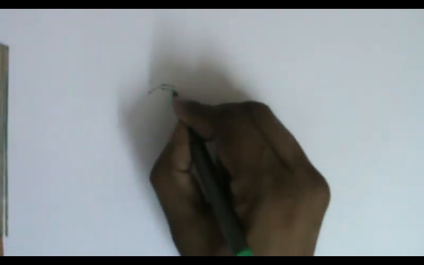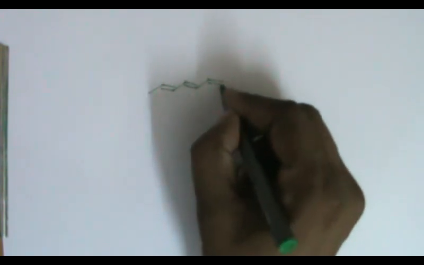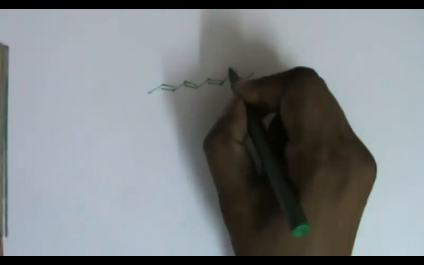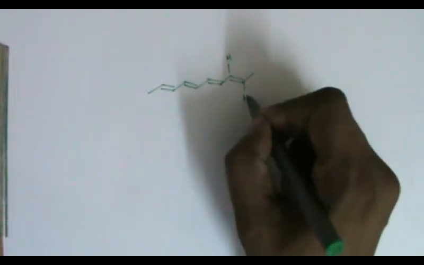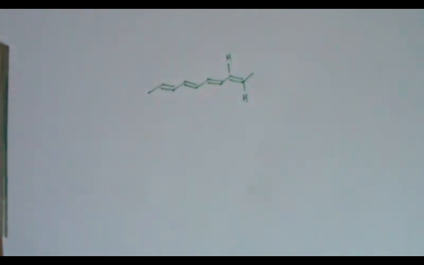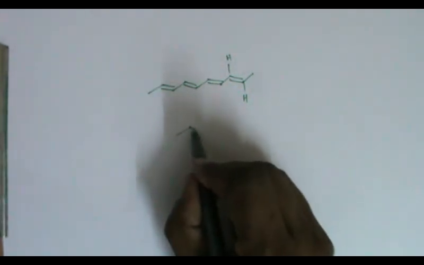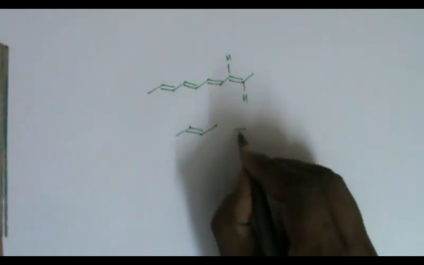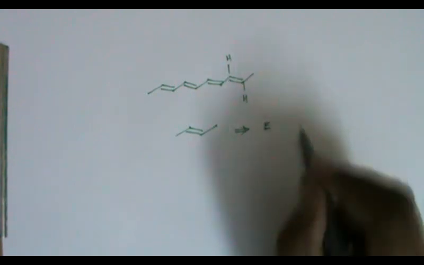Very often in chemistry, we write alkenes like this. We don't mention whether there is hydrogen or not, but it is understood. When you write like this, there is hydrogen here. Now we can see if there is a bond like this, in which there are two hydrogens, and this group and this group are in opposite directions, immediately you can say that it is an E olefin.